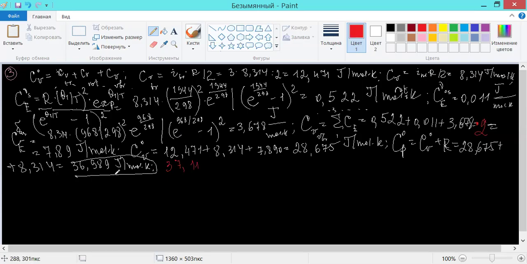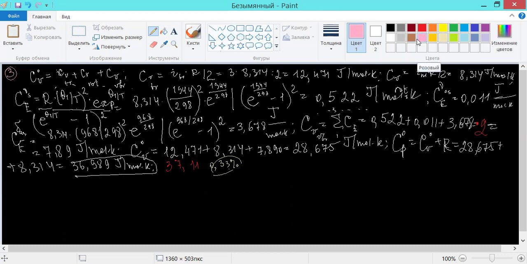As you see, what we got is very close to this one, and the relative inaccuracy of calculations is roughly 0.33%, which is very, very good.